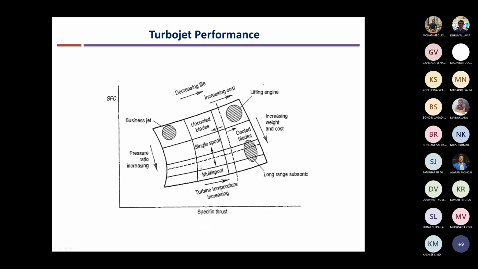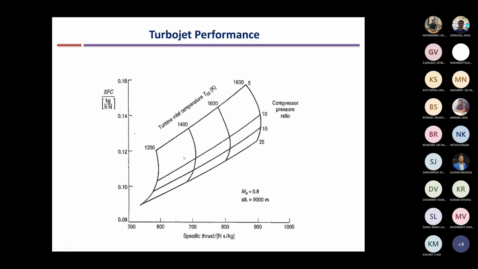This performance map tells us what types of parameters are suitable for what applications. For example, if I need very high fuel economy and also very high thrust, I need to go somewhere on the right-hand side for higher thrust, and high fuel economy means less SFC, so lower on the map.